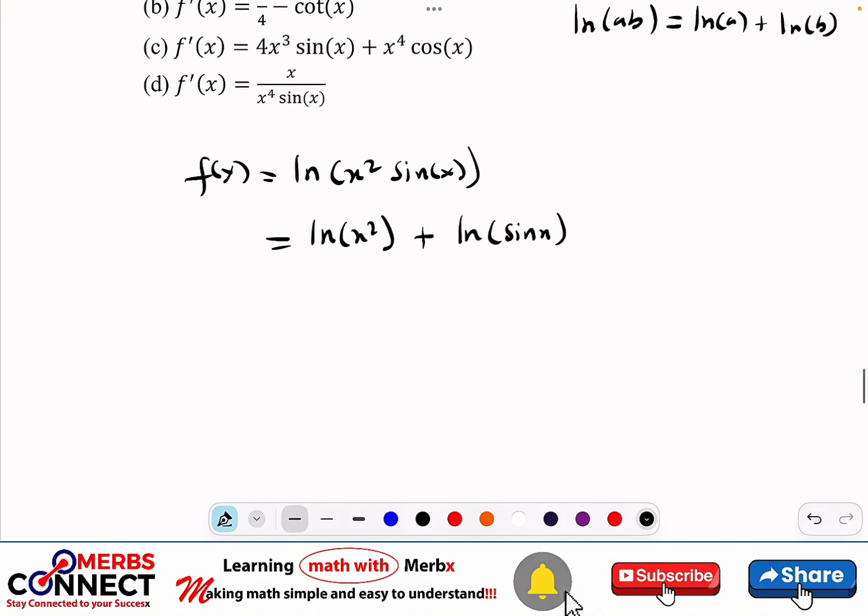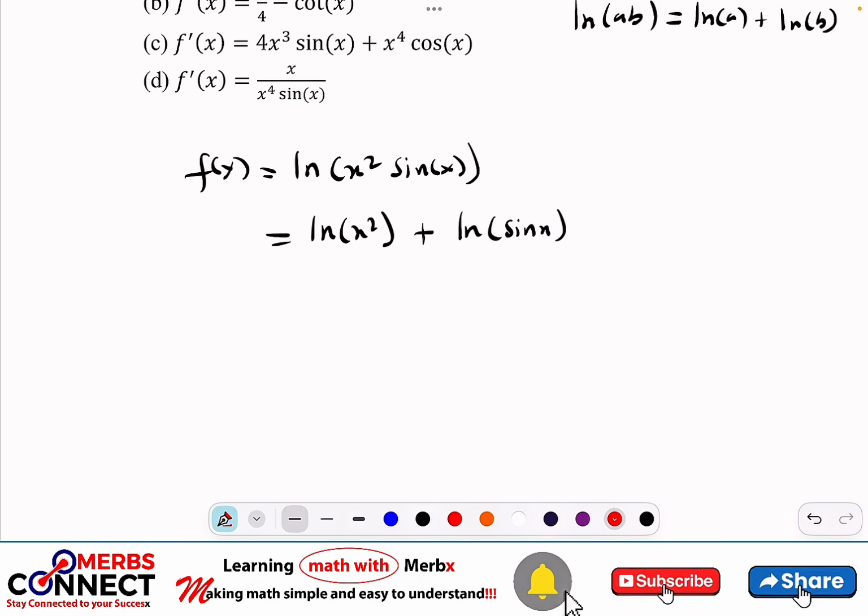So this is beautiful. Now, after doing this, we know that for me to differentiate the natural log function of u, this is 1 divided by u times u prime. So let's use that idea.